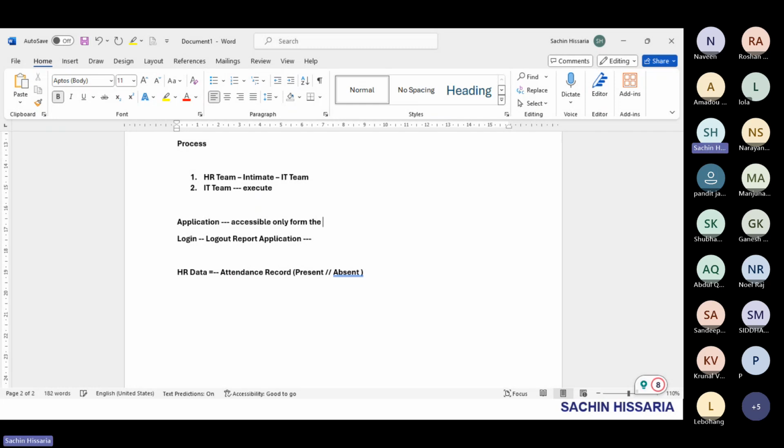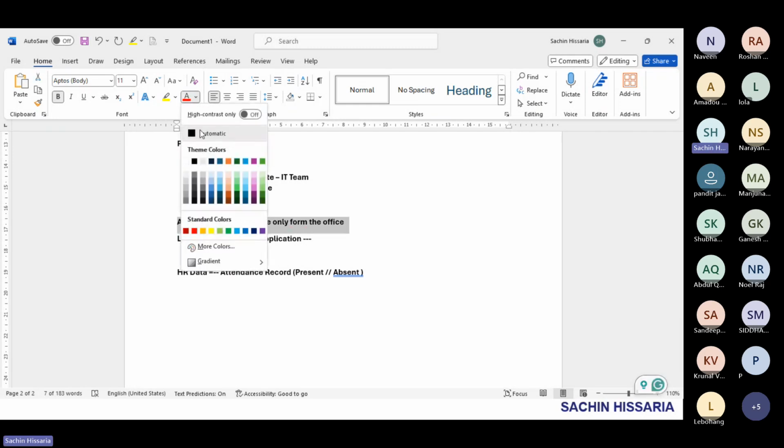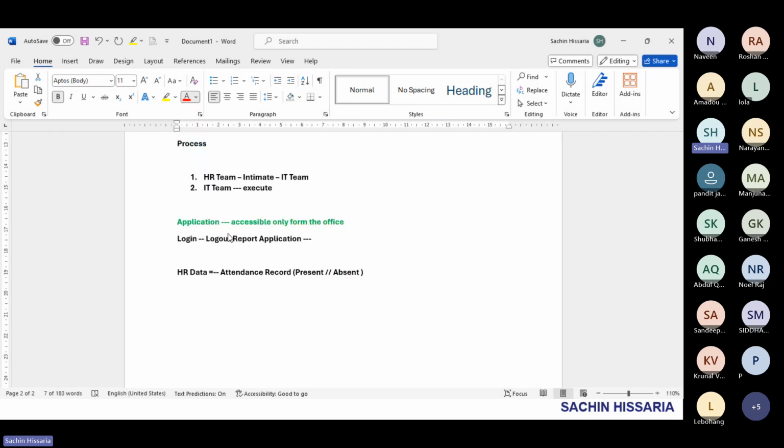When you go to the office, only from the office network can you access that application. It was a very critical application where no VPN access was given. Now what we did, guys, is compare these two data.